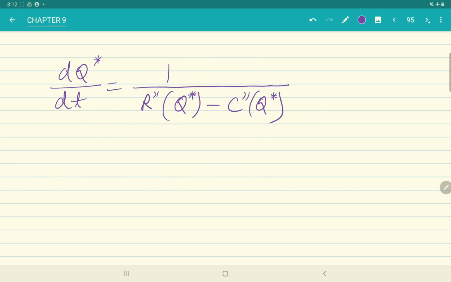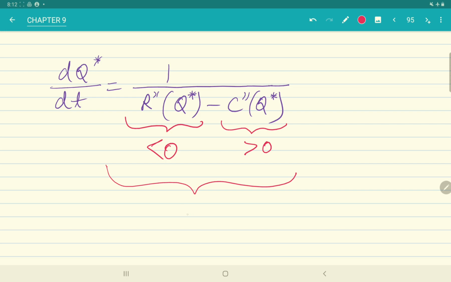Now we know that C double prime is greater than 0, and R double prime is less than 0. That means this whole denominator is less than 0. And what does that mean? That means dQ star by dT is less than 0, because we have a positive numerator and a negative denominator.